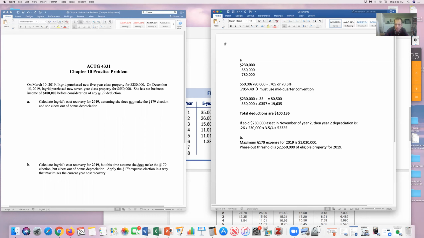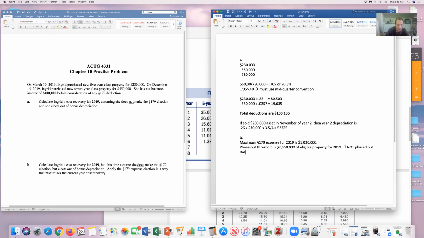Ingrid's total is only 780,000, so she is not phased out. She could elect up to the maximum of 1,020,000.